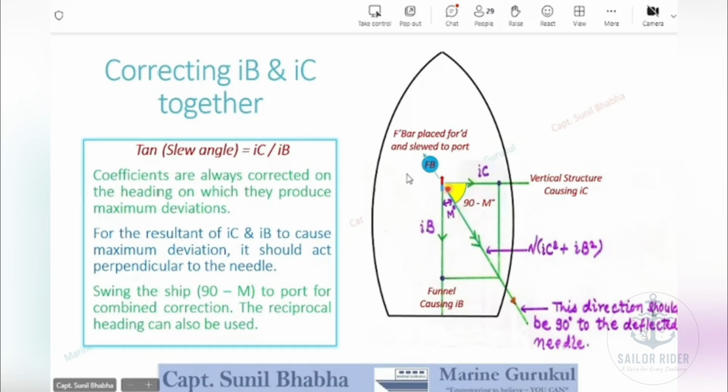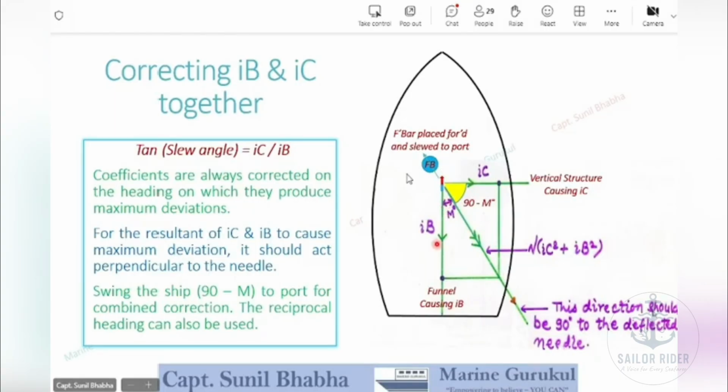Now we can find out the magnitude of this resultant by using the Pythagoras theorem. It will be equal to the base square plus the perpendicular square under root. That is IC square plus IB square under root will give us the magnitude of this effect, which is the resultant effect of IB and IC.